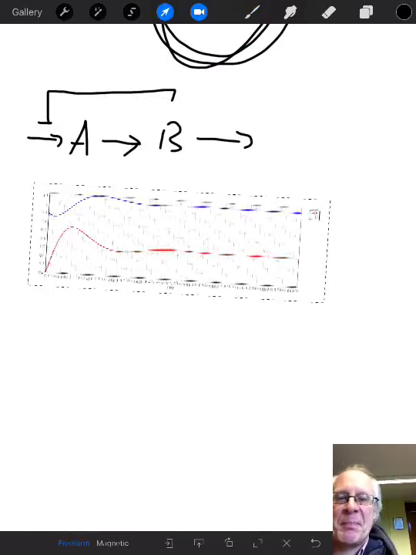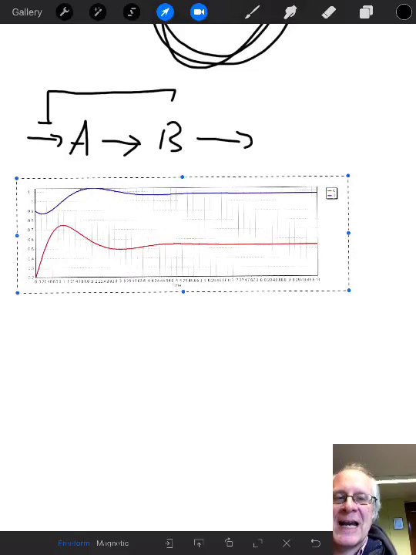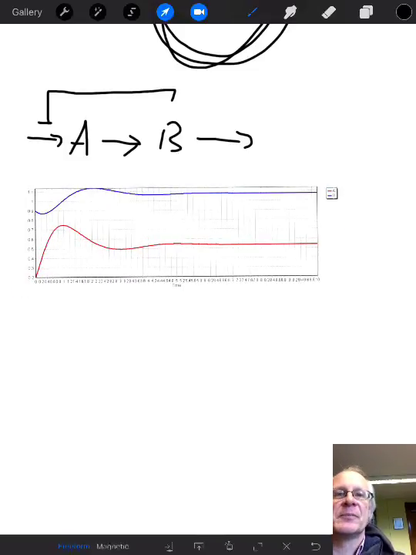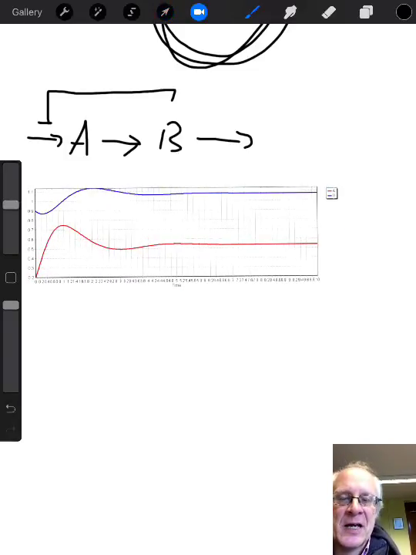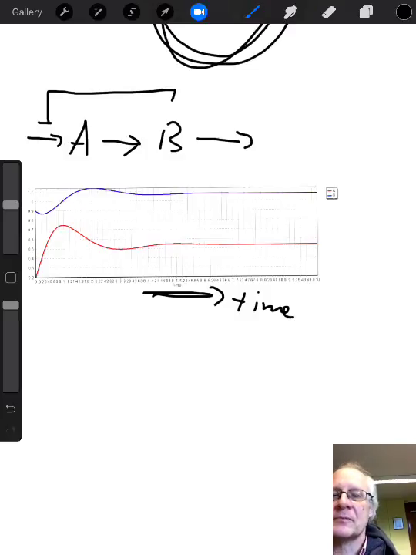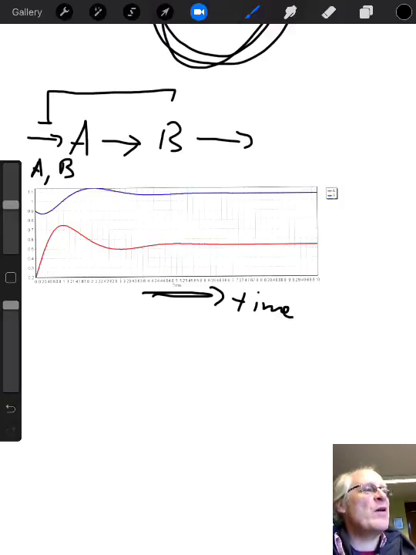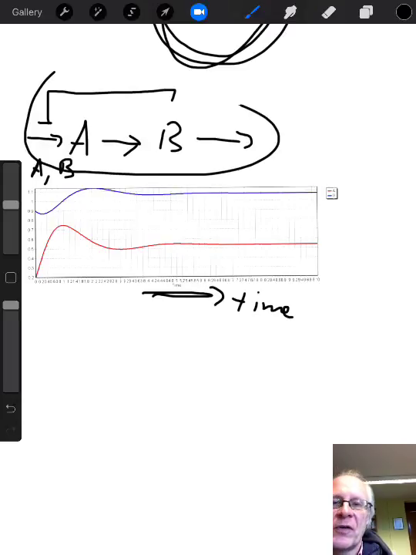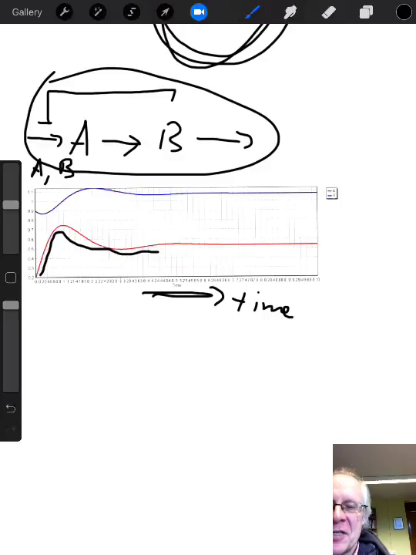Here is a picture exactly for this case. Here on the x-axis we have time, and here we have the concentration of A or B. When we follow the time, we see that in the case of a negative feedback loop, there is some kind of slight oscillation first.